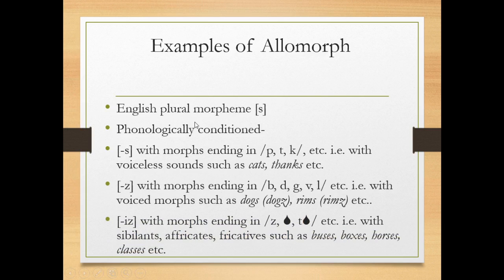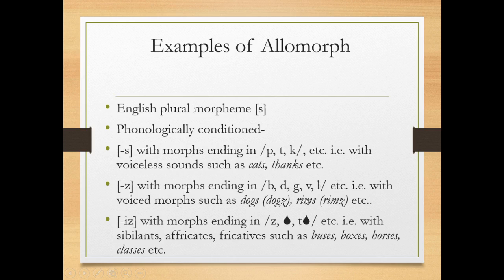Look at the example of English plural s. This is phonologically conditioned. S with voiceless sounds such as cats, thanks. Look at this s. With t voiceless after k voiceless, it is pronounced as s sound.